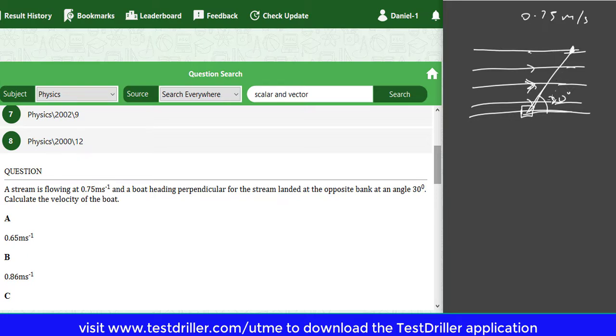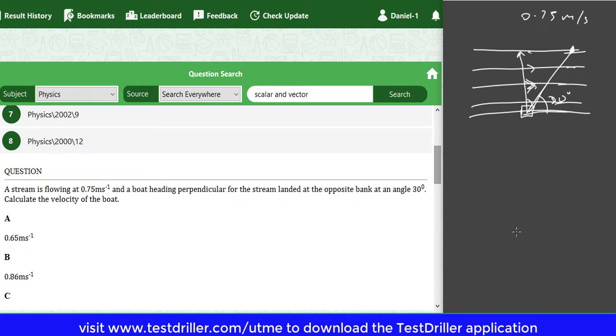It was moved by some angle, right? So the question is, what must be the speed of this boat that would have made it get to this point? That is what the question is all about.